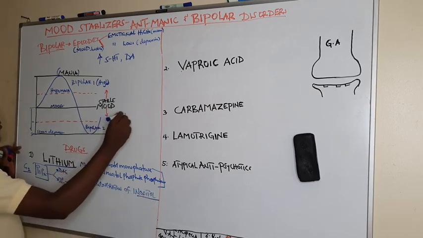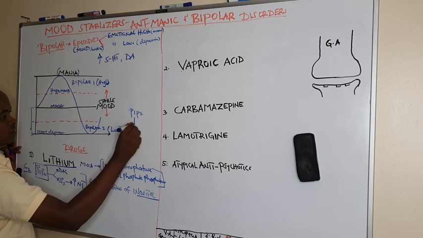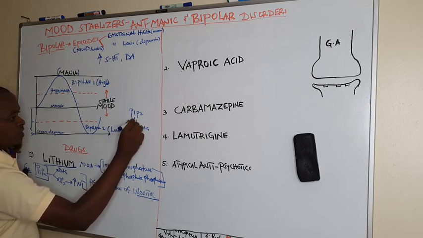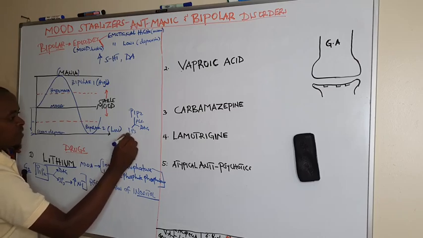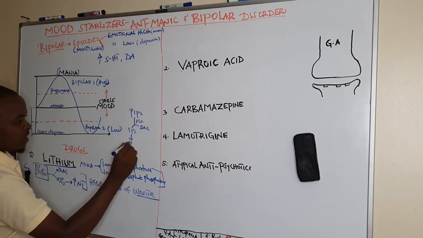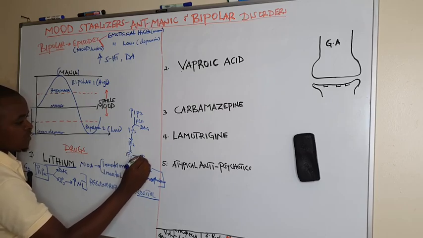If PIP2 is converted to DAG by phospholipase C, and IP3, which has three phosphates, then for recycling IP3 is reduced to IP2, then IP2 is reduced to IP1, and this IP1 is the one that regenerates inositol.